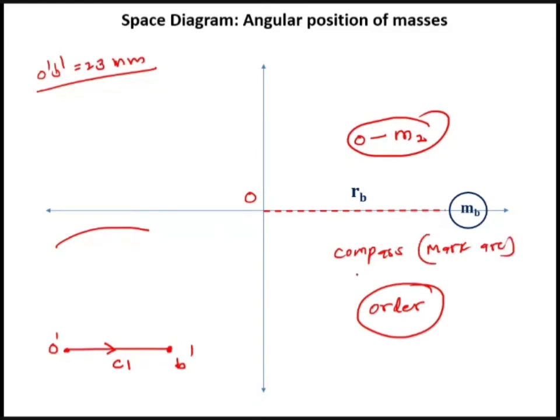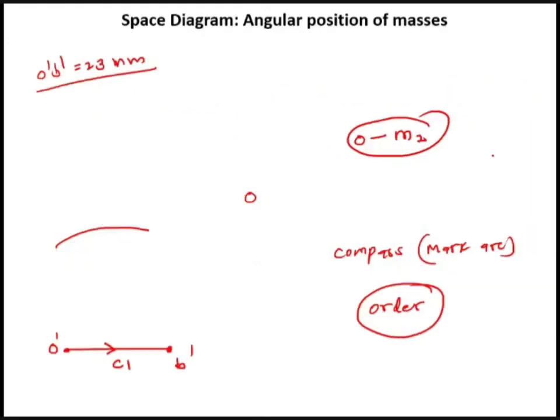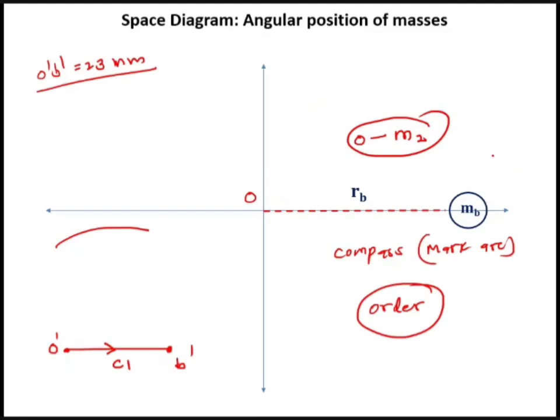Okay. Now, what is the next length? 33.6. Okay. Now again in the compass, take a length C3 equal to 33.6 mm, and now you keep it on the point A, and then you mark an arc. You are getting an intersecting point.